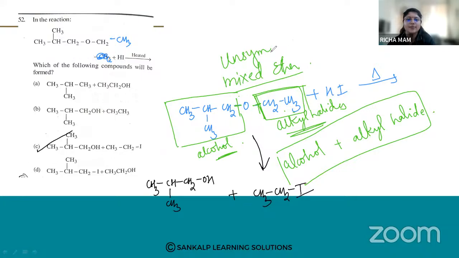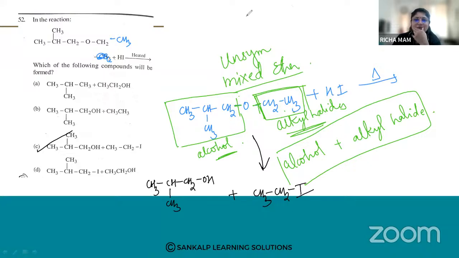Option number C. Who all have answered option number C? Let us see. Prithviraj has answered option number C. Anybody else? No, only Prithviraj. So option number C is the correct answer.